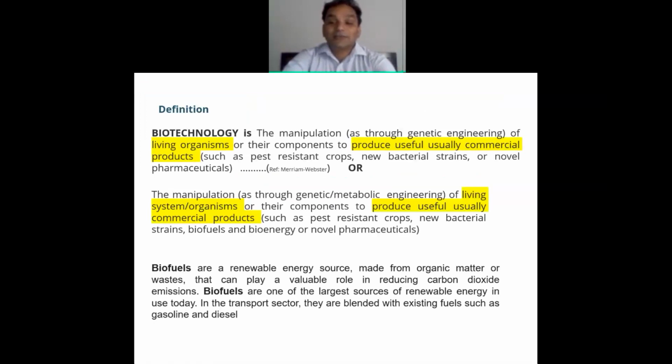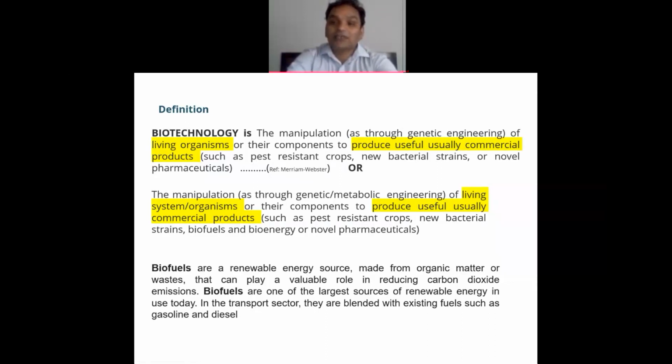So basically, bioethanol is referred to as a biofuel, and before moving into this definition, we must go through the biotechnology and biofuel definitions. Biotechnology is all about manipulating different living systems to produce some product of interest at commercial scale, and biofuels are renewable energy resources primarily obtained from organic matter and waste.